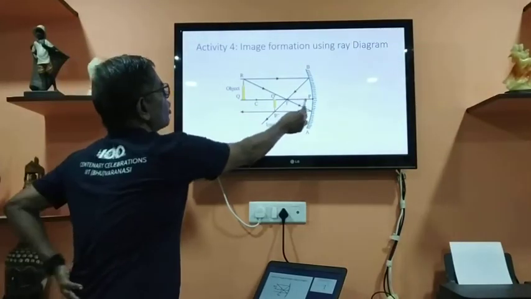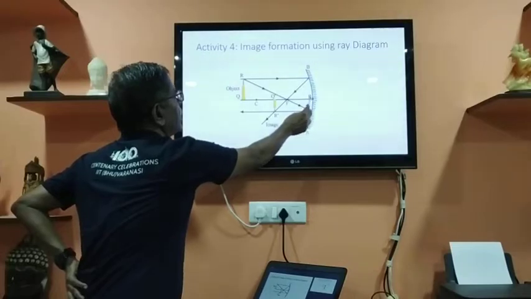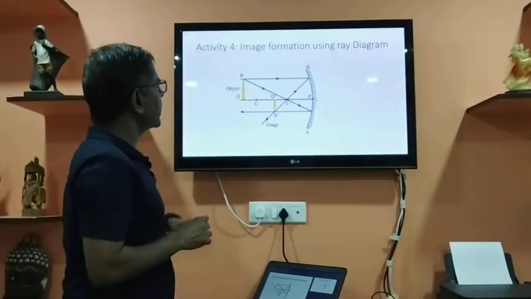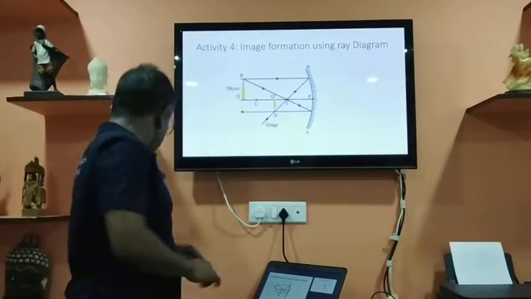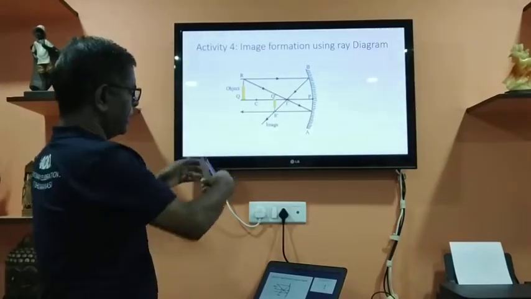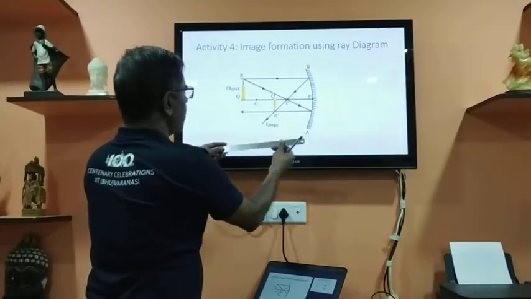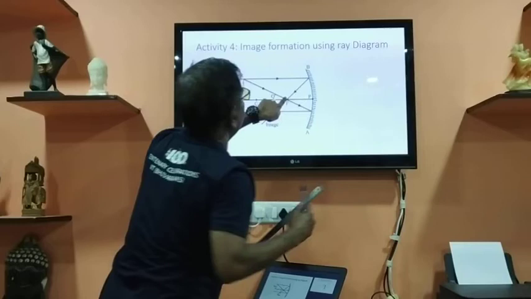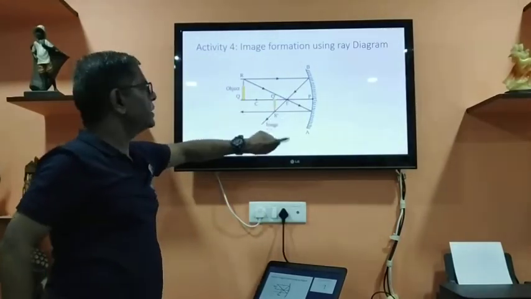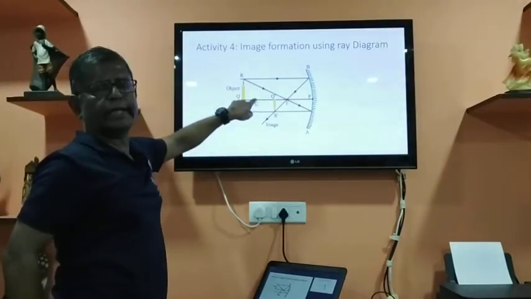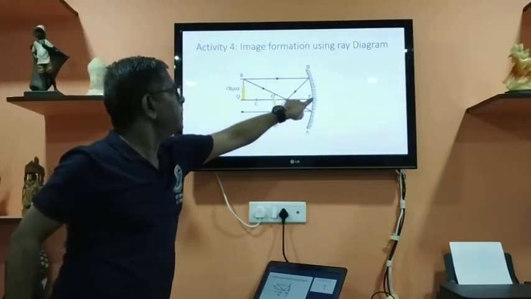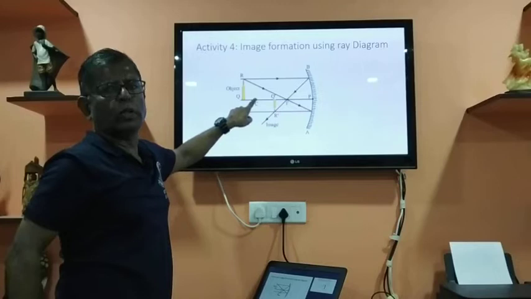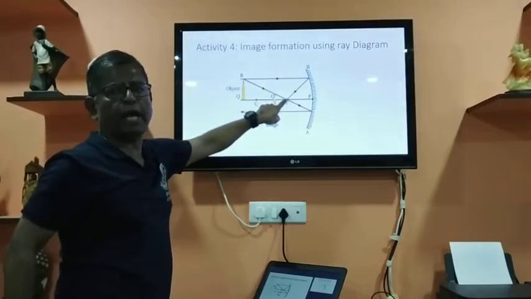Then you draw a line and a point F, which is 5 cm. For your case, the focal length is 5 cm. So with the scale, you take a point which is 5 cm from the pole. This will be the principal focus. Then find out where the center of curvature is. Mark a point which is 10 cm from the pole. So this becomes C and this becomes F.